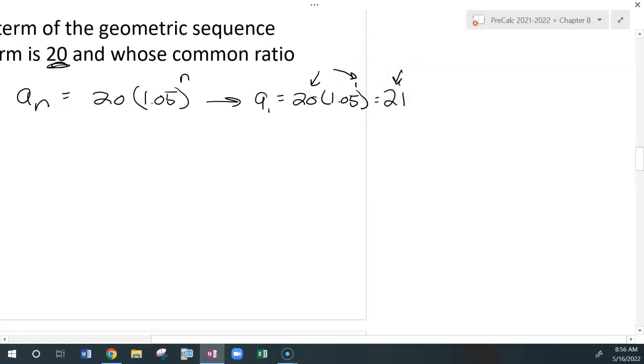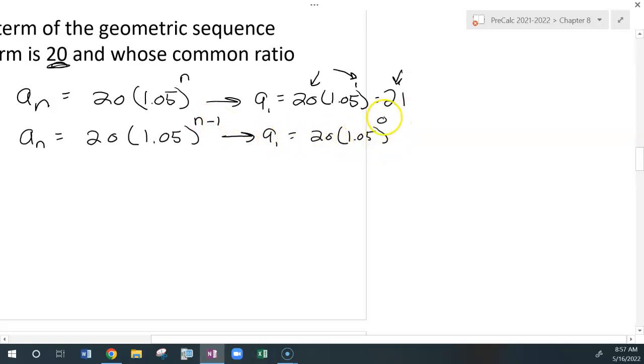We wanted 20 to be our first number. So what I'm going to have to do is make an adjustment, and this is going to be 20 times 1.05 to the n minus 1. Now let's see if that works. So a sub 1 is going to be 20 times 1.05 to the n minus 1, which is 0. That goes to 1, so 20.